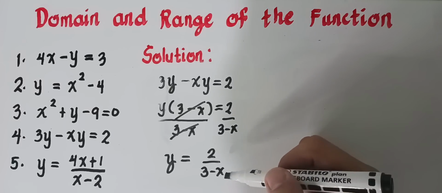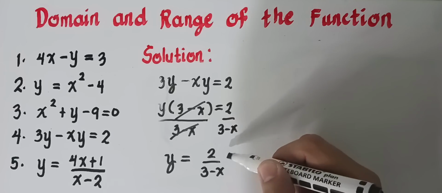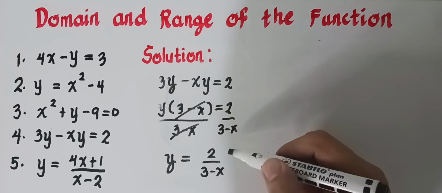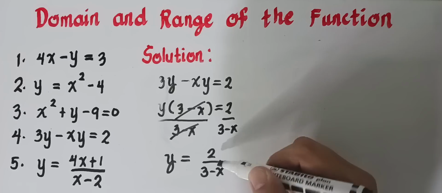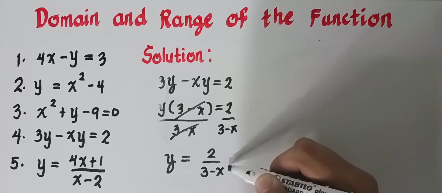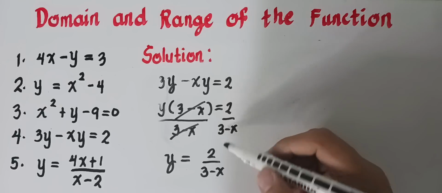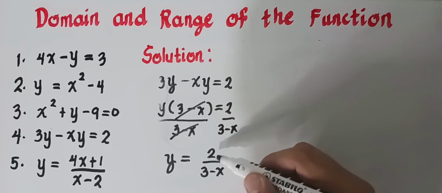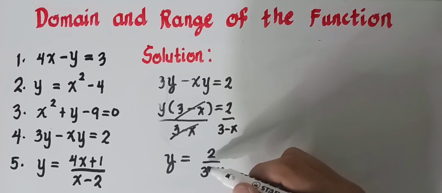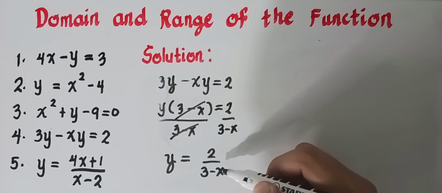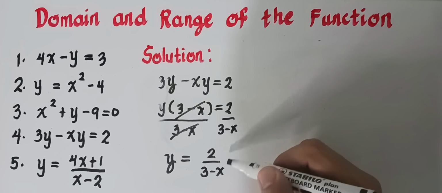Ano yung hindi po pwede or may restrictions ba tayo dito? So, meron tayong restrictions dito. Hindi natin i-allow yung x natin maging equal to positive 3, no? Okay? Kasi, kung magiging positive 3 to, guys, so 2 over 3 minus 3. So, 3 minus 3 equals 0. So, 2 over 0. So, magiging undefined siya, yung equation na to.